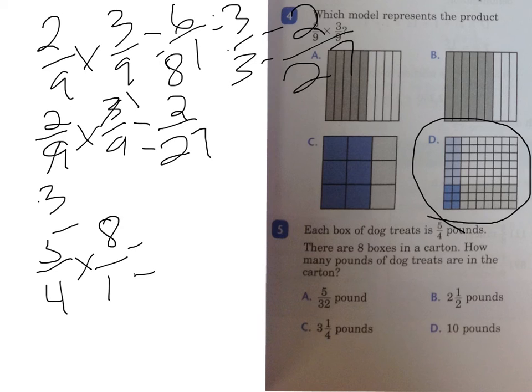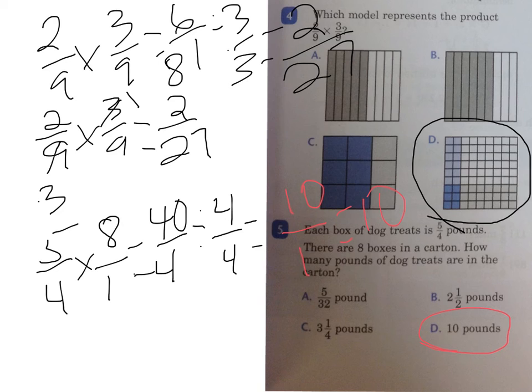Just multiplying it out, we know that's going to be 5 times 8 is 40. And then 4 times 1 is 4. You know, this will divide evenly by 4, both of these. And so we know 40 divided by 4 is going to equal 10. And then 4 divided by 4 is going to equal 1. And so our answer is going to be 10 pounds, D.